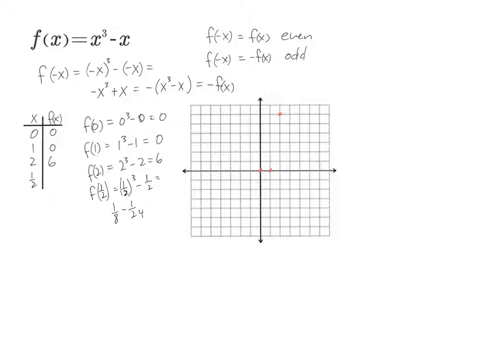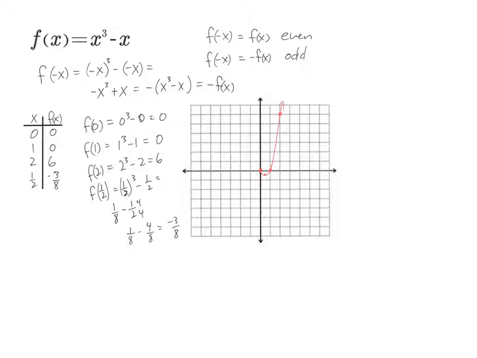Get a common denominator, so we get 1/8 minus 4/8, which ends up being negative 3/8. So I have negative 3/8 here. If I graph that, it's going to be right here. It's not quite going to be a half. So I know that this is going to look something like this.